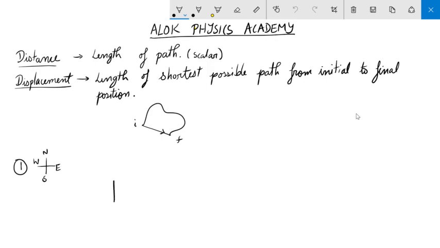So it goes 6 meters towards north, then 8 meters towards east. Okay, now it goes 10 meters vertically upwards.